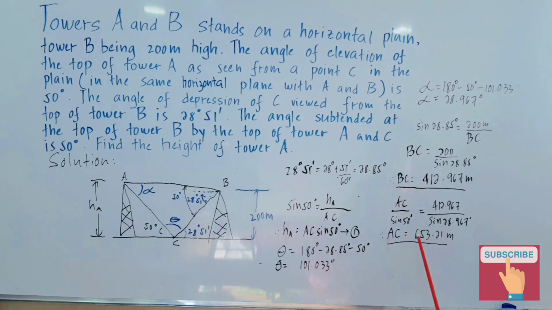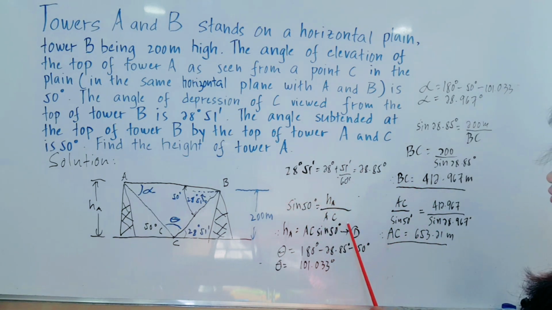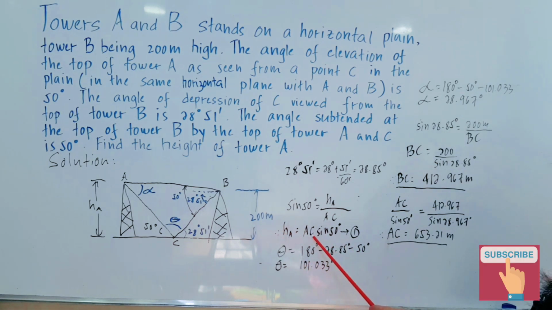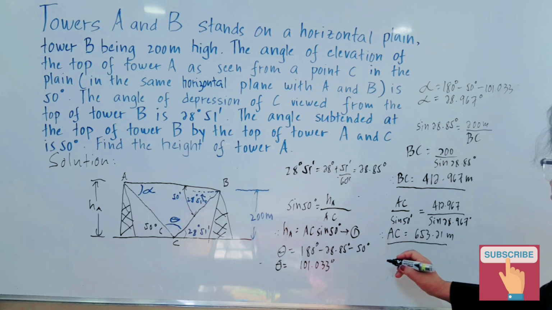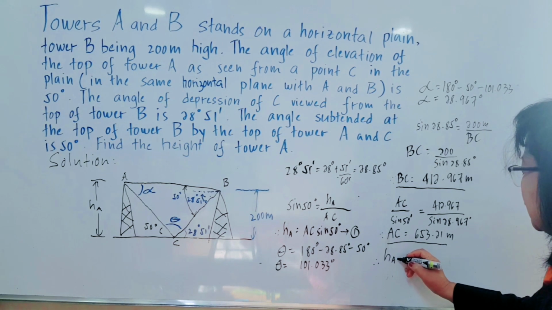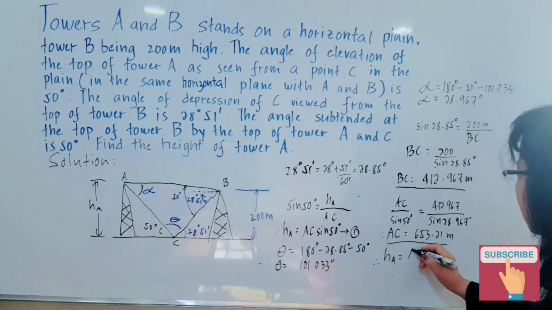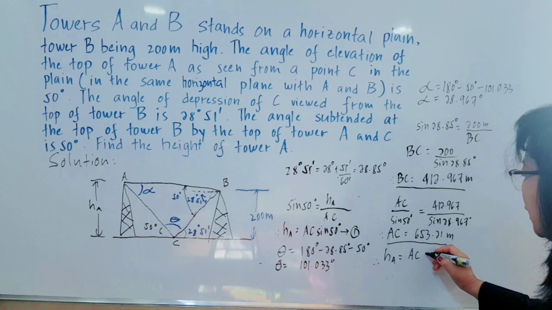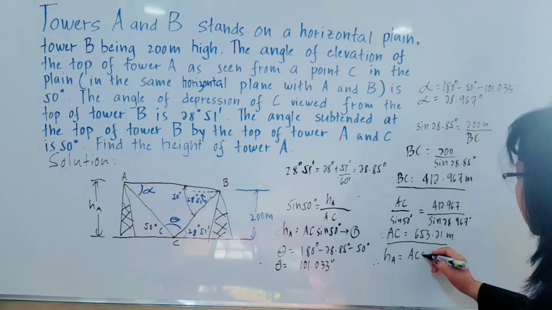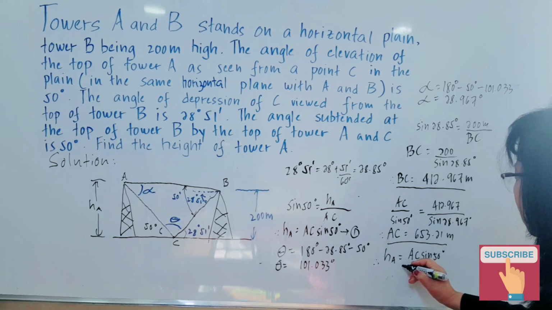Now we solved the side AC. We can find the height of the tower from this equation. Therefore, the height of Tower A is equal to AC sine 50 degrees.